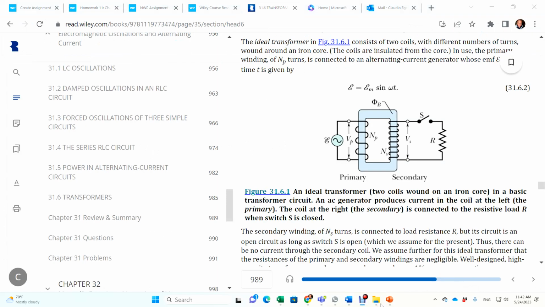Here is an illustration of these two solenoids that I just mentioned to you. This is the primary circuit that has a generator, right? My solenoid is wrapped around a magnetized bar, by the way. Those magnetized bars are very important because now they can concentrate all the magnetic field within this region here.